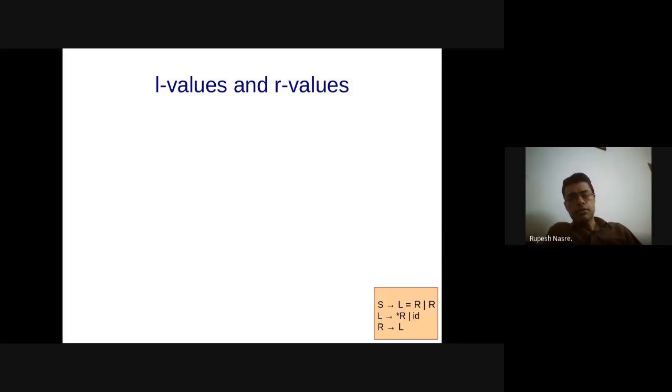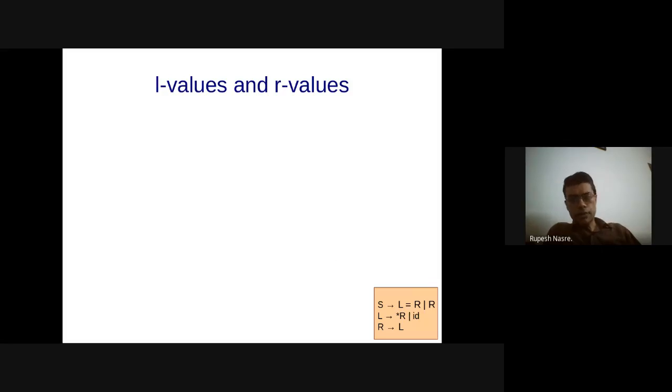Okay. So if R has equal to dollar, L should also have equal to dollar. Because R derives L. Therefore, follow of R, whatever it is, equal to dollar in this case, that should also appear in the follow of L. Right? And therefore, follow of L should also be equal to dollar. As far as follow of S is concerned, it should contain equal to and dollar. So all of these will have equal to dollar as the follow set.